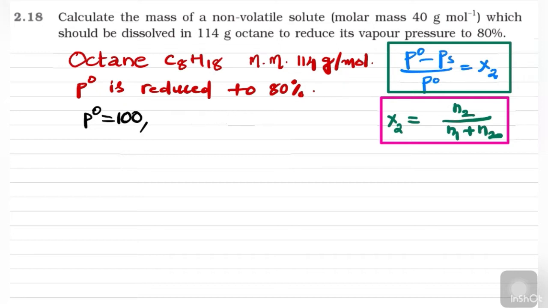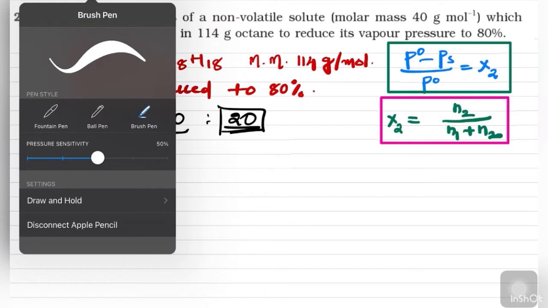So of the 100, 80 are gone, so what would be left over? 20. So 20% of the vapor pressure is reduced. So this is the key point in this question.